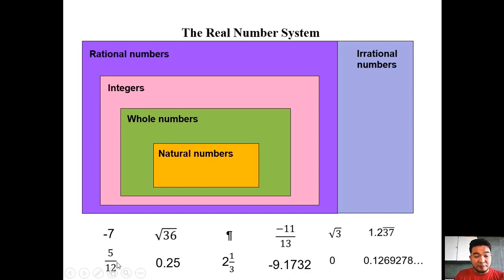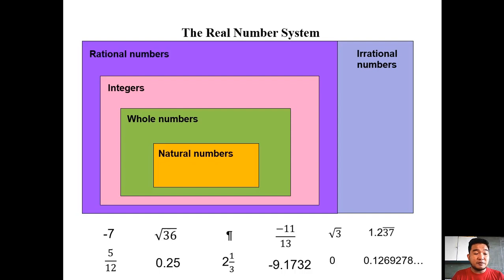5 over 12, rational or not? So let us divide 5 over 12 using our calculator. If we get an answer that is terminating or repeating, then that is a rational number. But if it is non-repeating and non-terminating, then 5 over 12 will be an irrational number.